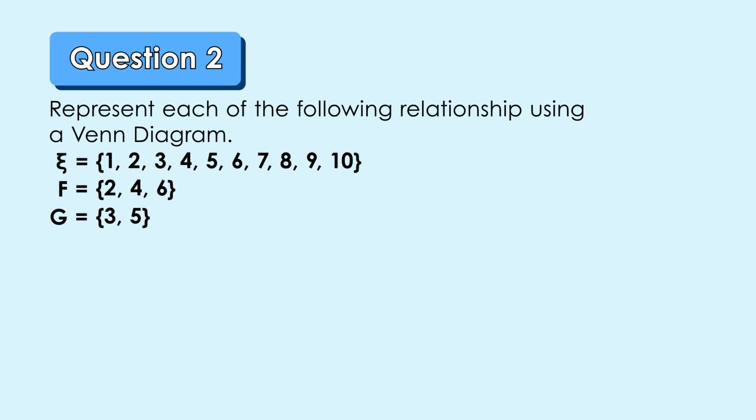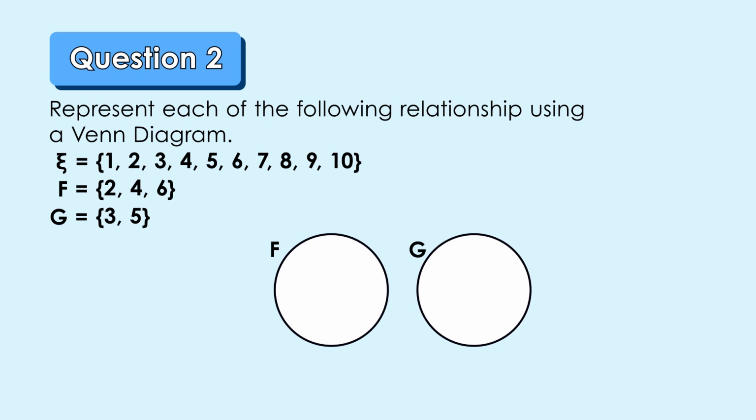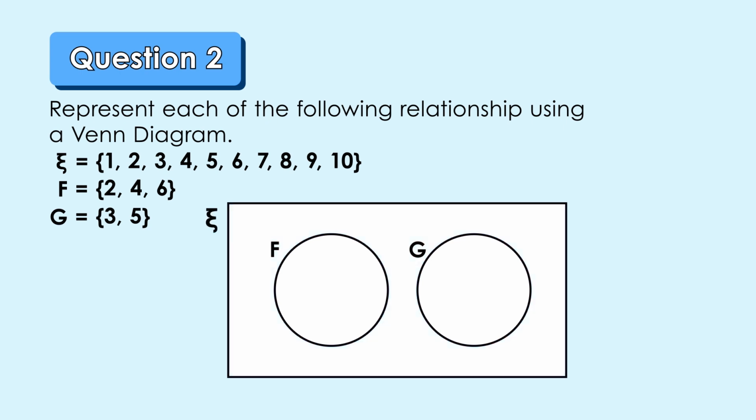Analyze the question and try to understand it. Set F and set G are subsets of the universal set. Set F is the subset of the complement of set G. Thus, set F and set G are represented by two circles inside the rectangle respectively as shown.